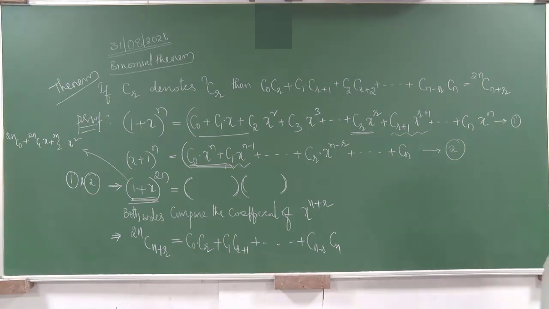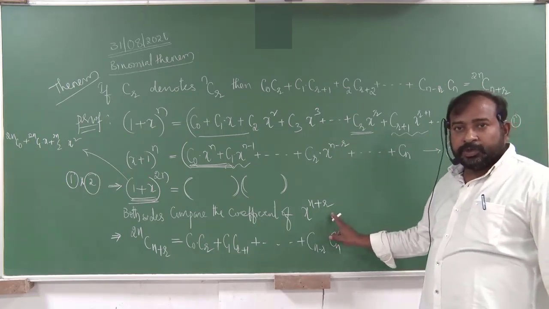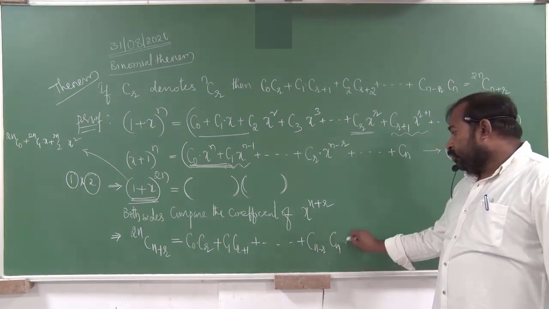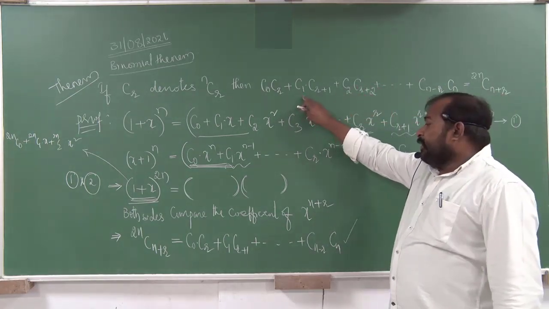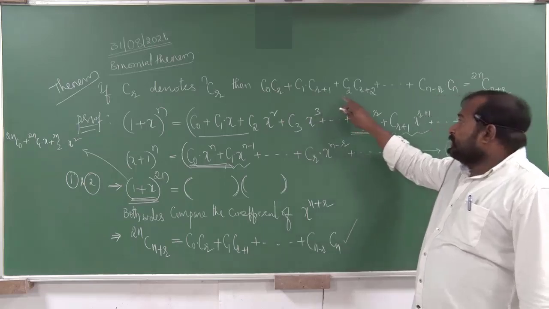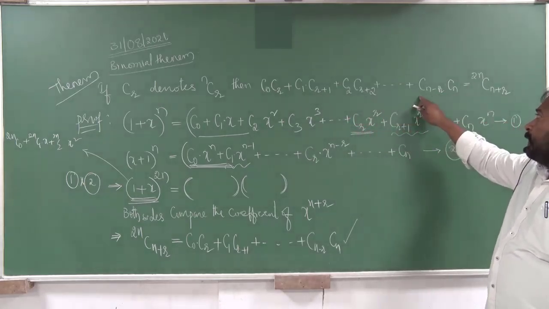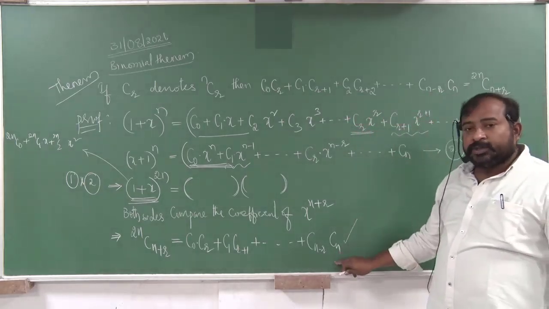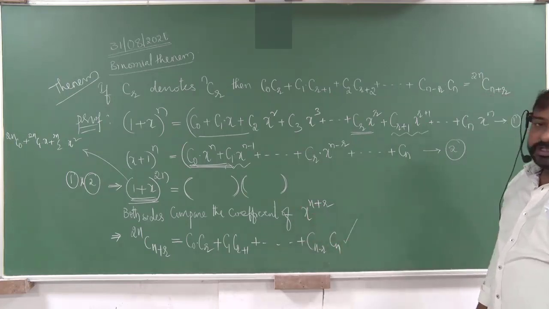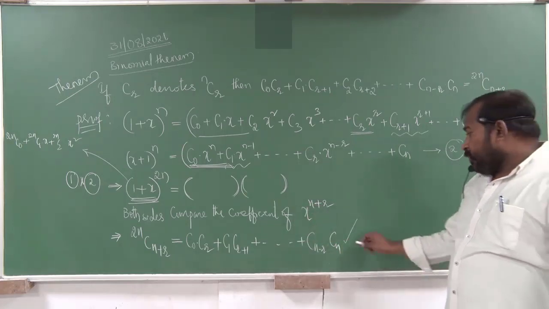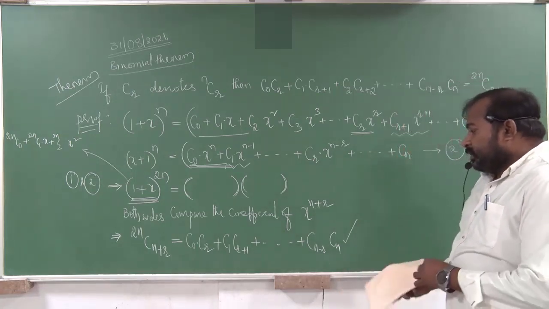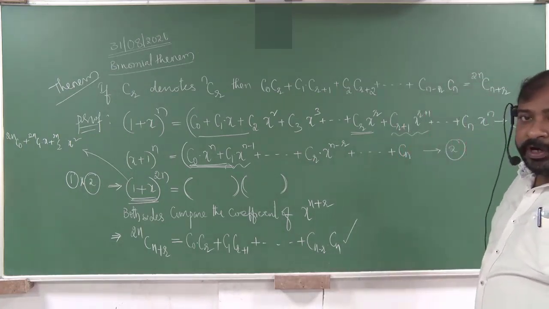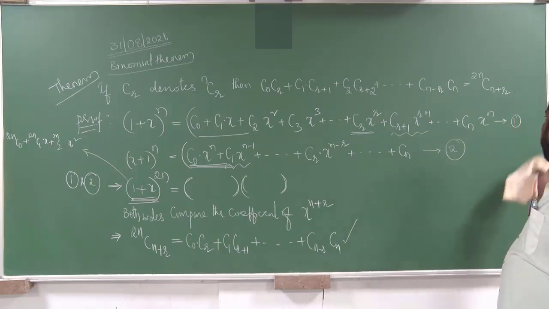If I compare the x power n plus r coefficient on both sides, I will get the conclusion as this one: C0 into Cr plus C1 into Cr plus 1 plus C2 into Cr plus 2 up to so on plus Cn minus r into Cn is equal to 2n C n plus r. So from a competitive point of view, you have to keep this in your mind. Important point. Now after this one, listen.